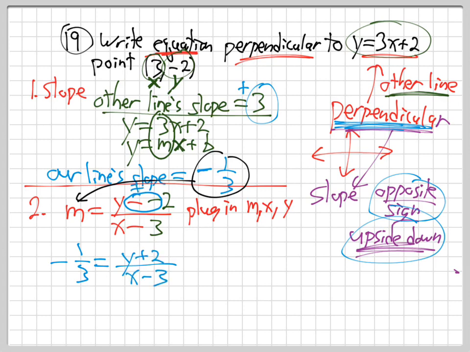Okay. What's step 3? Yeah, cross multiply. So when I cross multiply that, here's my question. This negative sign right here, when I go diagonal that way, is that negative going to go with that 1? Yes.